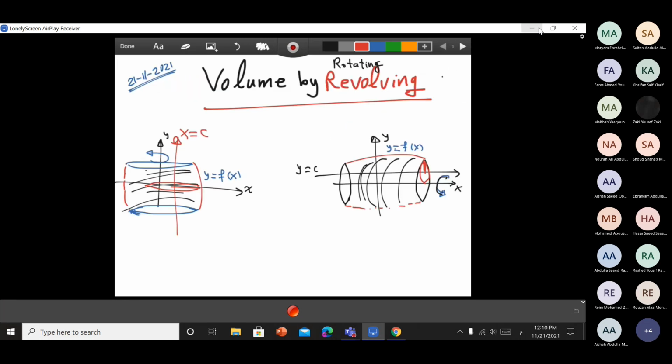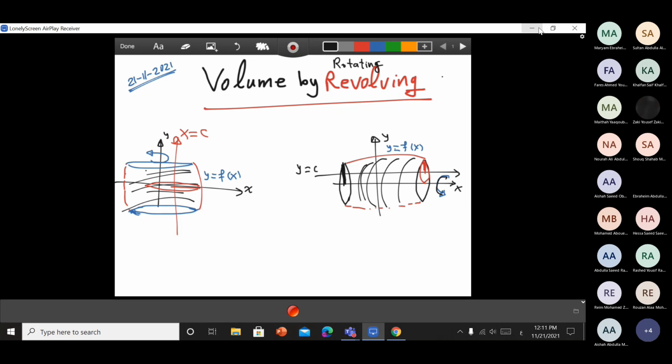Okay. If you would like to have the volume generated by the function y equal to f of x when I'm rotating about x, any point rotated about x-axis will make a circle. This circle with a radius equal to what? Yeah, it is vertical.